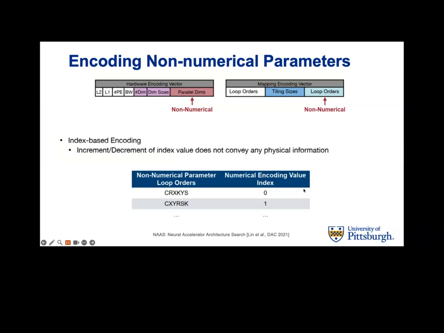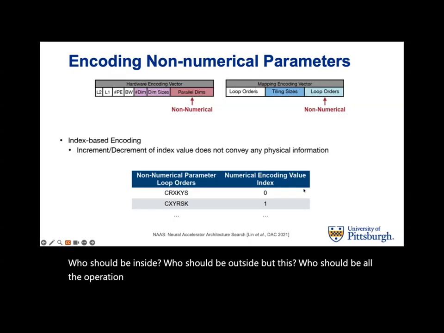So basically, the search algorithm needs to know how to order these loops. Who should be inside? Who should be outside? But this ordering operation is not something that an algorithm can numerically search.